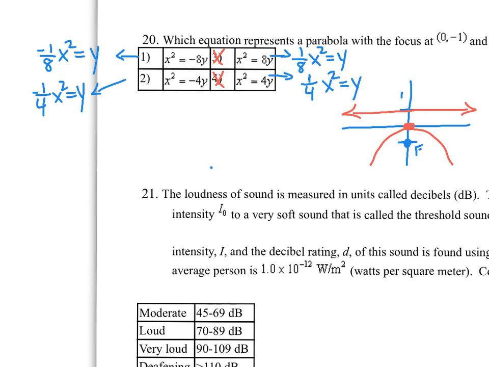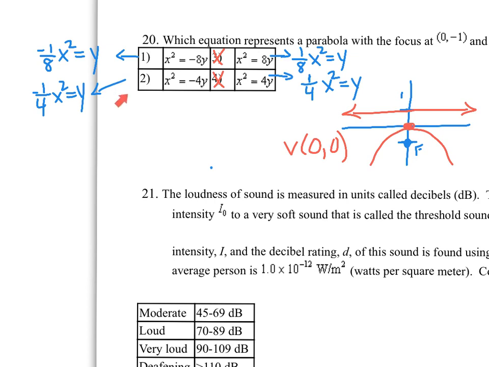Okay? All right, so we also know that the vertex of my parabola is at (0, 0). All right, the last thing to tackle then would be the p. Now remember, the p is the distance from the directrix to the vertex, or from the vertex to the focus. And you can see that this distance right here, or this distance right here, is 1.